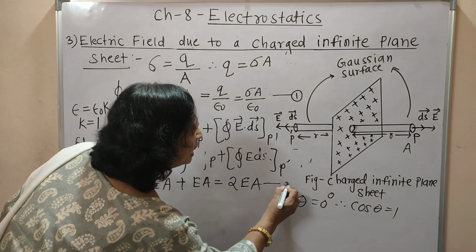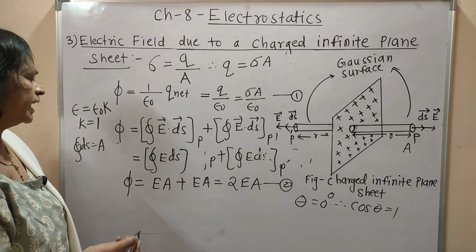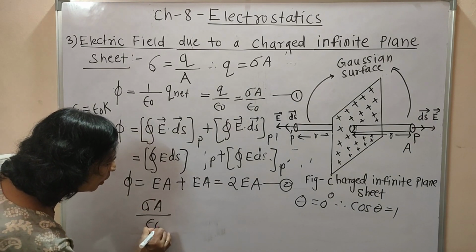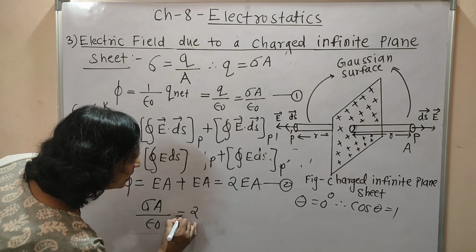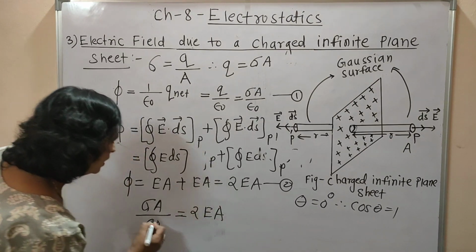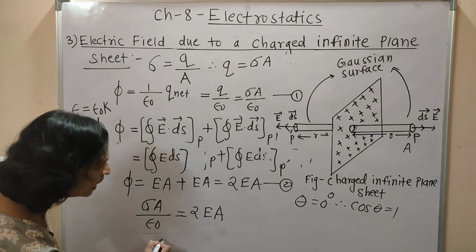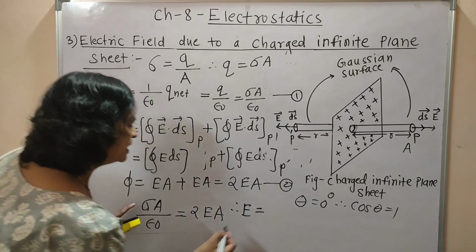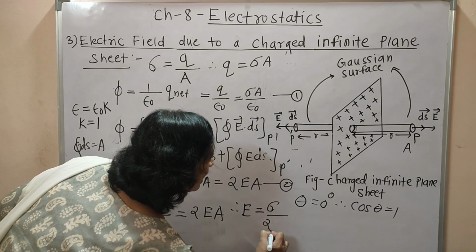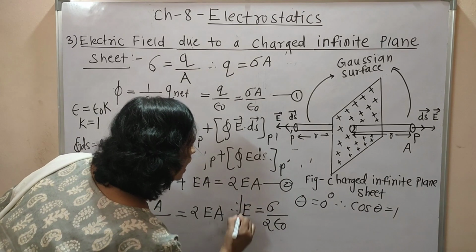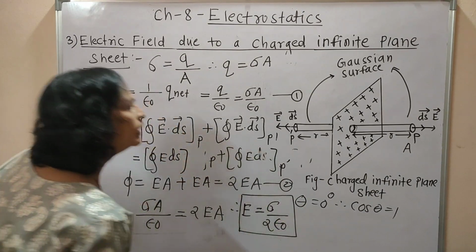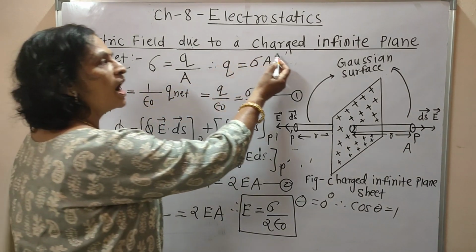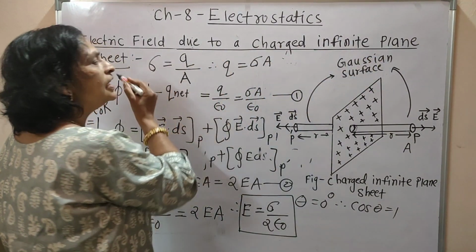Now equating equation 1 and 2, we can write sigma A divided by epsilon naught equals twice E into A. Now A cancels, and therefore intensity E equals sigma divided by twice epsilon naught. By using this formula we can calculate the electric intensity due to the charged infinite plane sheet.